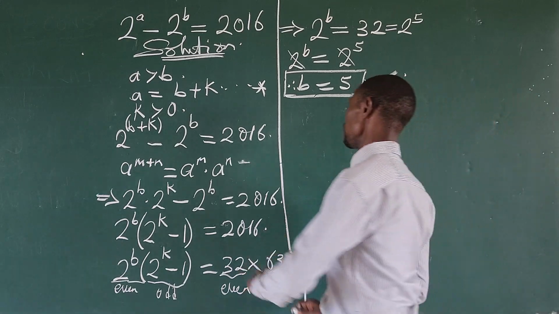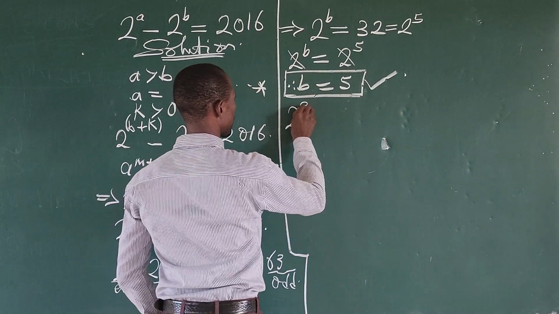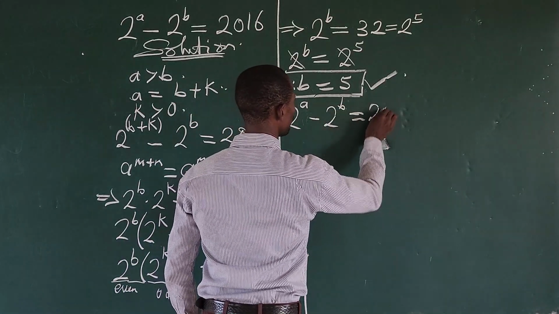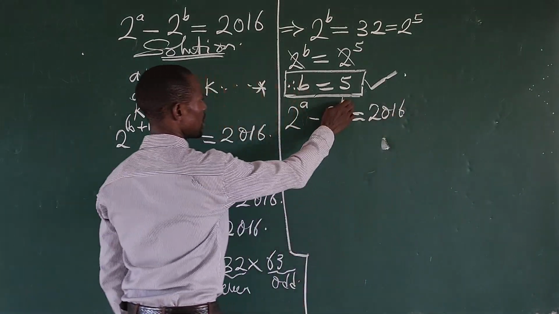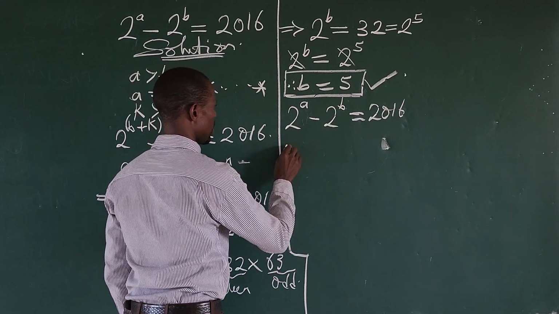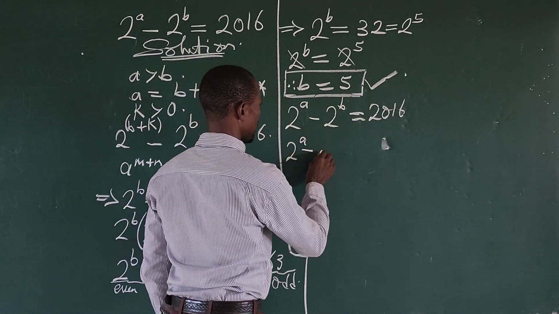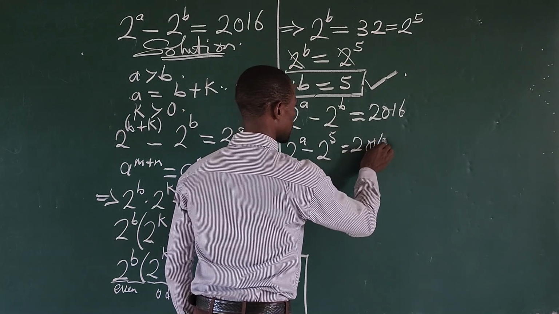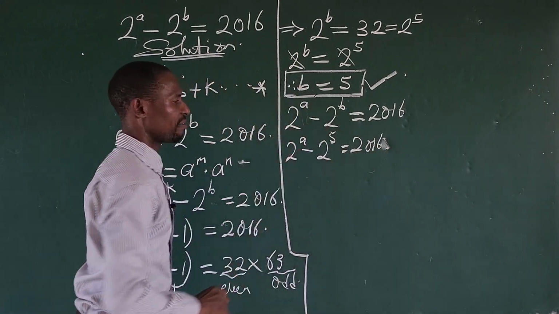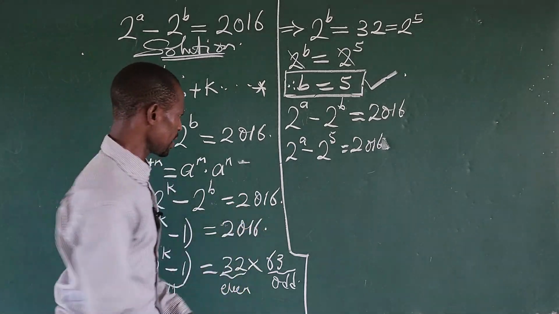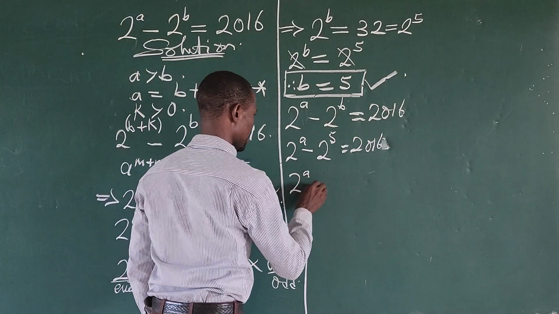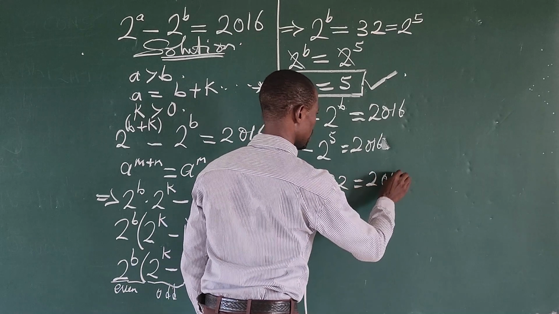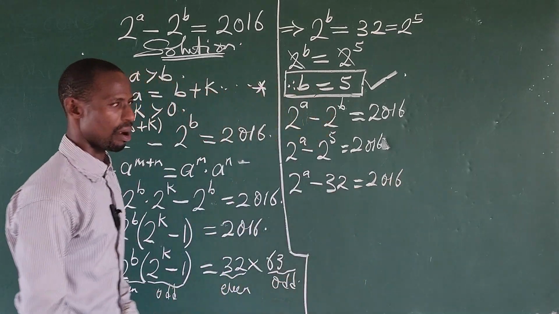Easy. From the original equation, which is 2 to the power of a minus 2 to the power of b equals 2016, what is our b here? It is 5. So we have 2 to the power of a minus 2 to the power of 5 equals 2016. 2 to the power of 5 will give us 32, right? So 2 to the power of a minus 32 equals 2016.